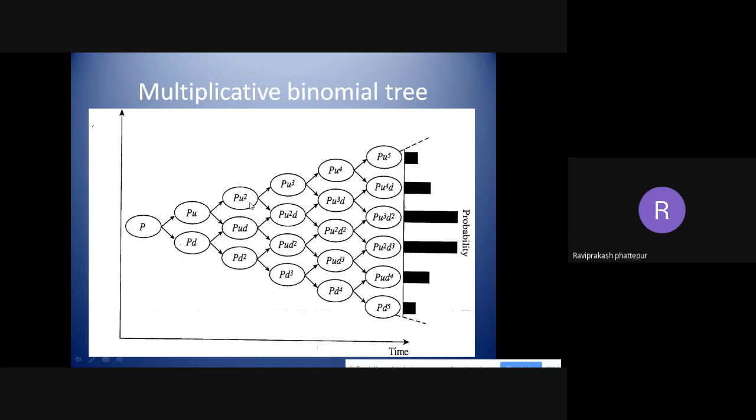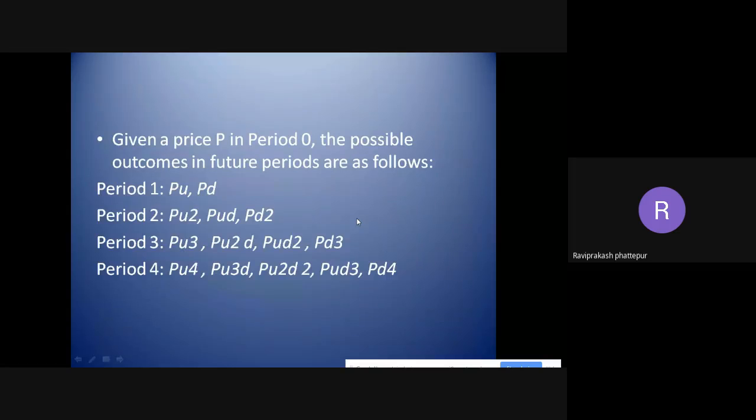Then it will be p plus 2u, p plus 3u, p plus 4u, and p plus 5u. Instead of raised to, it will be plus 5u. Similarly, it will be p plus 4u minus d, and in this case p plus 3u minus 2d. Something like this will go on for addition.